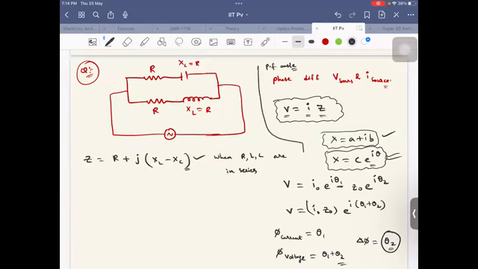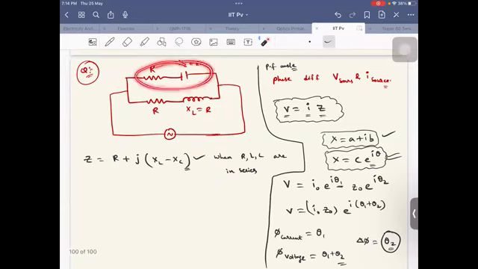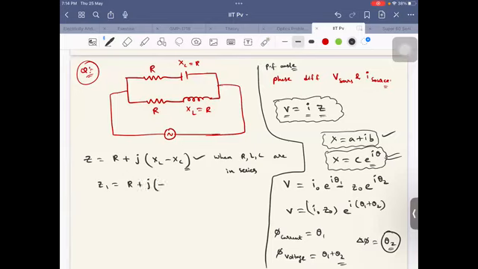Now see, here these two things are in series, and these two things are in series. So let me write this as impedance 1 and this as impedance 2. So Z1 is equal to what, sir? Simply R plus J into XL, which is 0, therefore R plus J into minus XC, and Z2 equal to R plus J into XL.